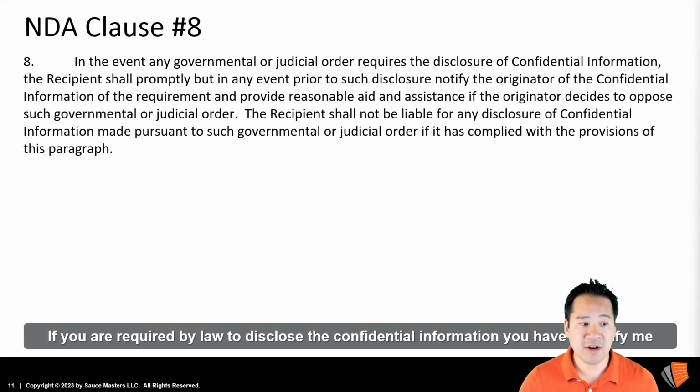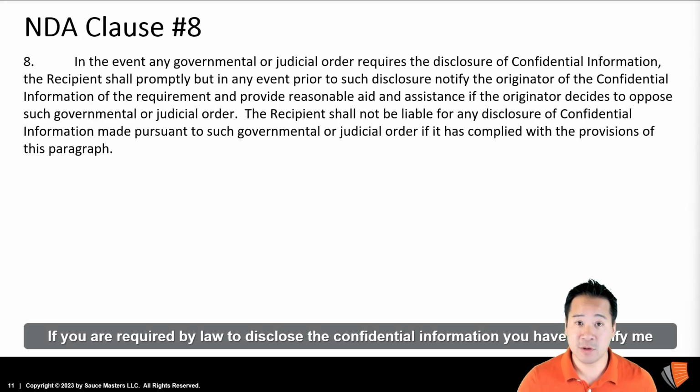Clause number 8 here effectively says if the government, like the U.S. government, or a judge tells you that you have to disclose that information by law, then this clause requires you to notify the disclosing party of the disclosure of the information.